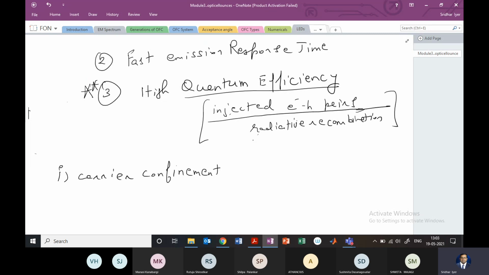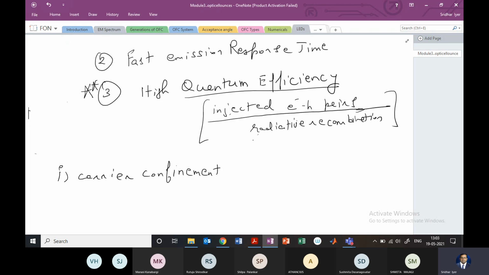Also we'll see that this carrier confinement prevents absorption of the electrons and holes, and for this we need to have the p-n junction, which we will discuss in the structure of the LED.